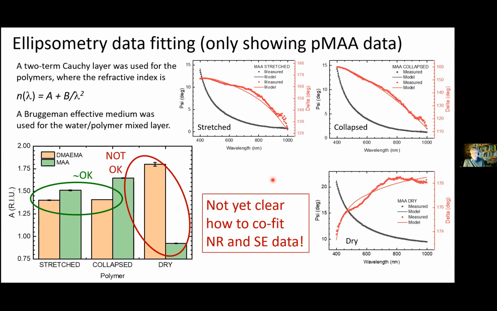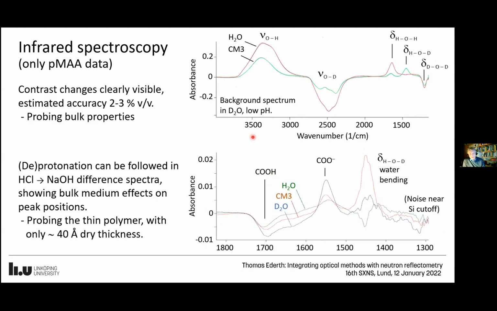We were doing infrared spectroscopy in parallel, and the data shows we can probe the bulk properties of the solution, so we can actually follow the contrast changes very accurately. For this particular system, we were interested in following the protonation and deprotonation, and this we can surely do.